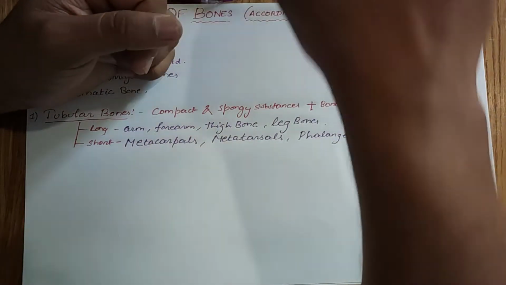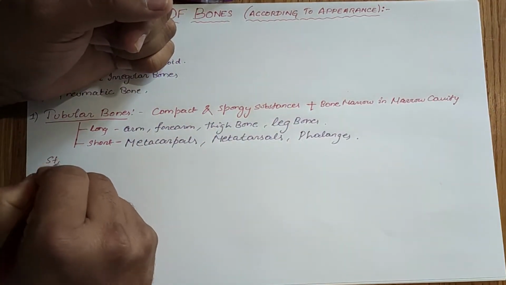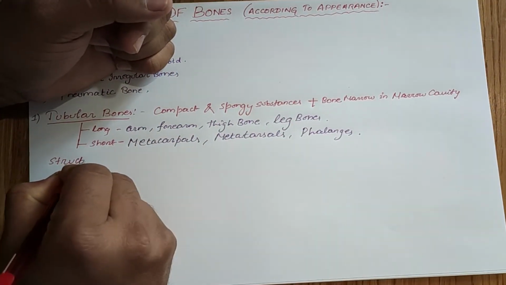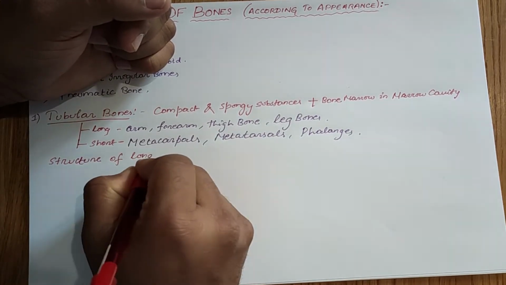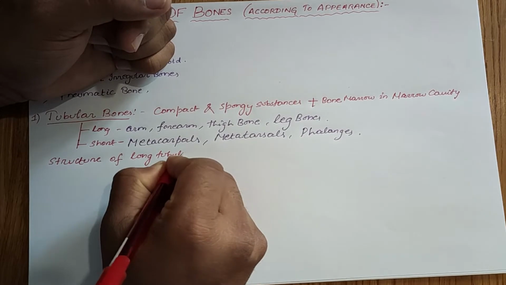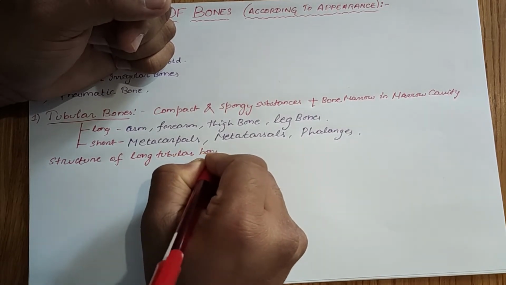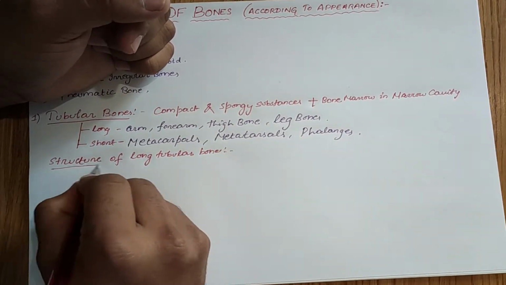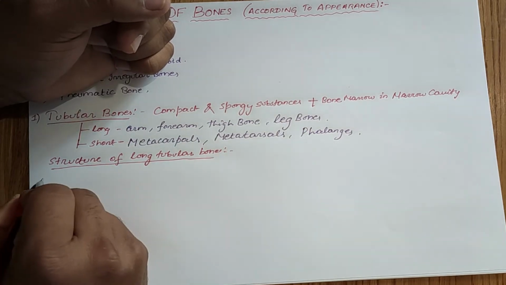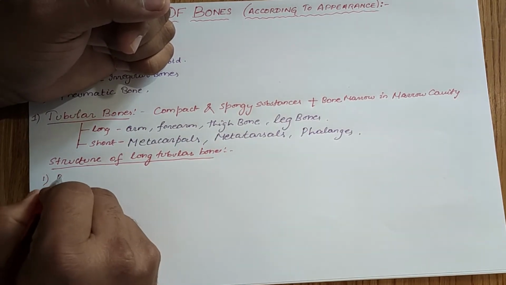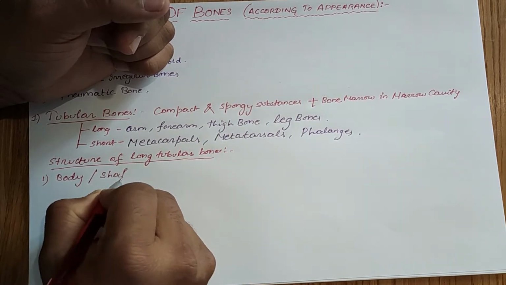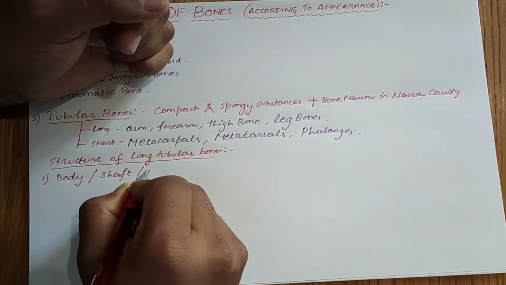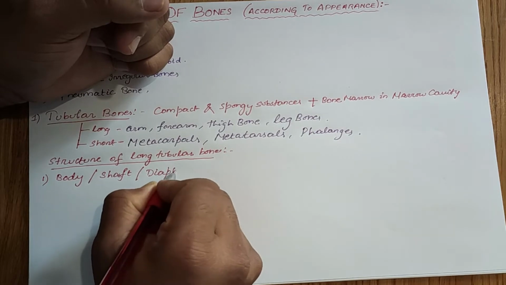Let's see the structure of a long tubular bone. What does the long tubular bone comprise? It comprises firstly the body, which can be called the shaft, or diaphysis.